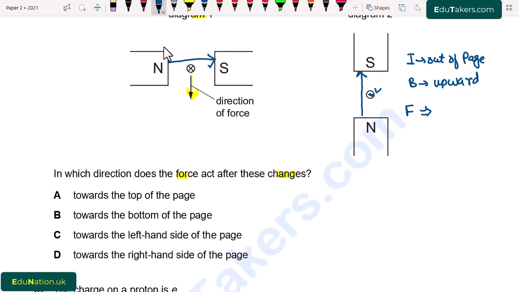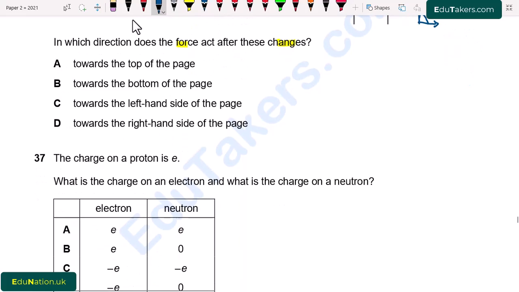By using this right hand rule, I see that the direction of the force will be towards the left side of the page. So if this is out of page current while the magnetic field is upward, I have rotated the current vector in the direction of magnetic field. Then my thumb will indicate the direction of the force and it is towards the left side of the page.